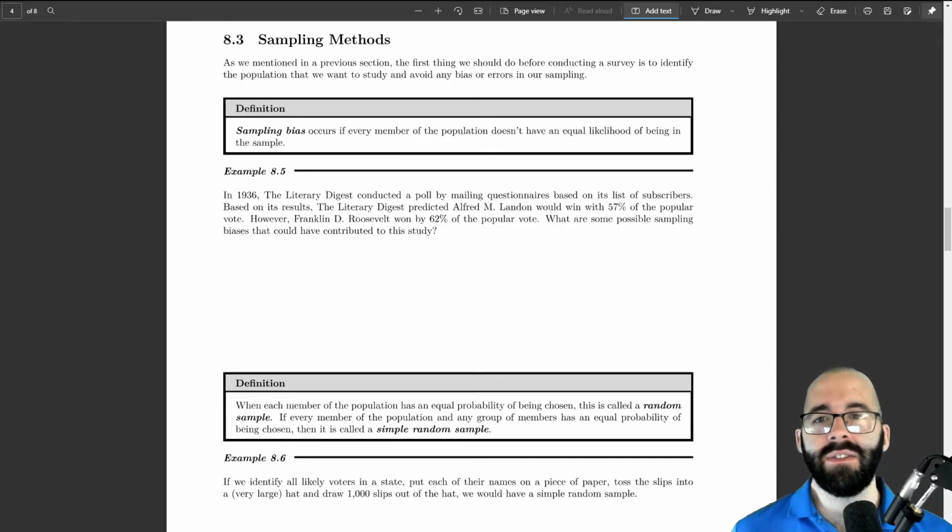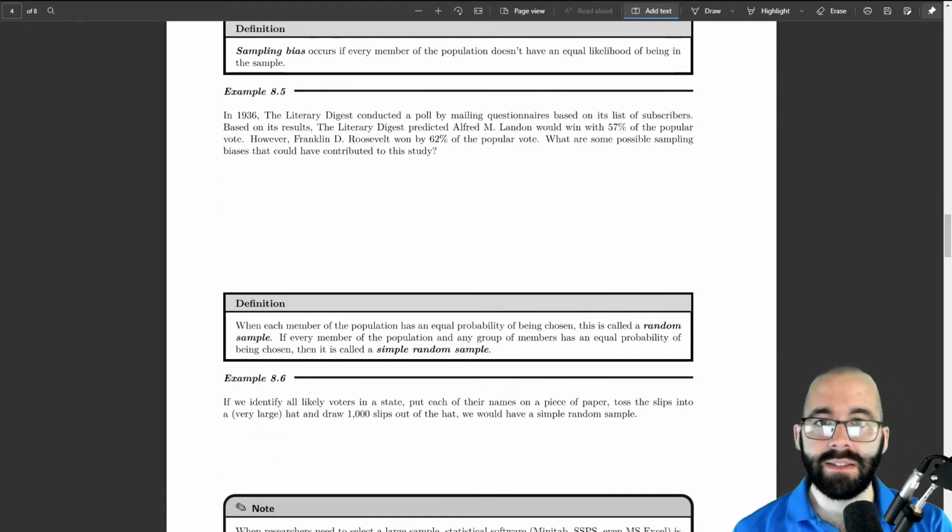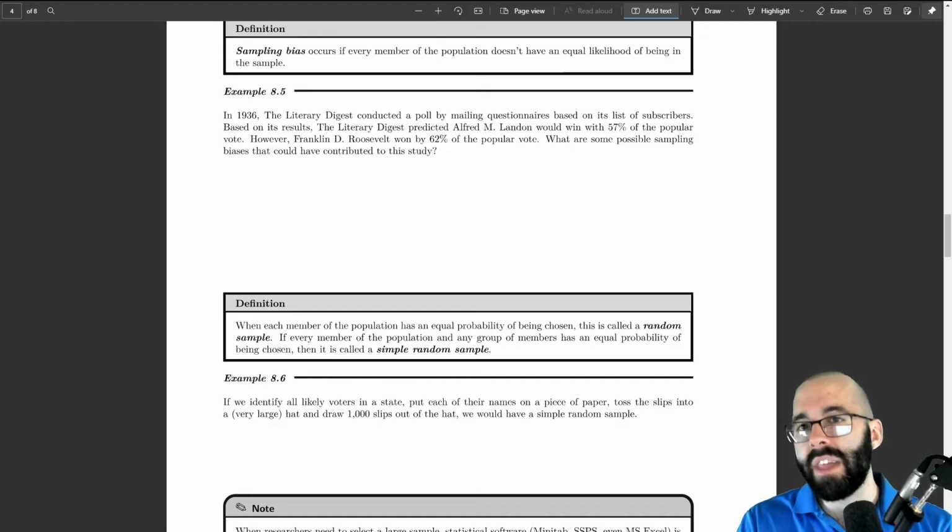Certainly it's deterministic, it's not random. Every member of the population does not have an equal likelihood of being in this sample, because every member of the population doesn't have an equal likelihood of being in my class. So that would be a silly way to sample if we care about that population.